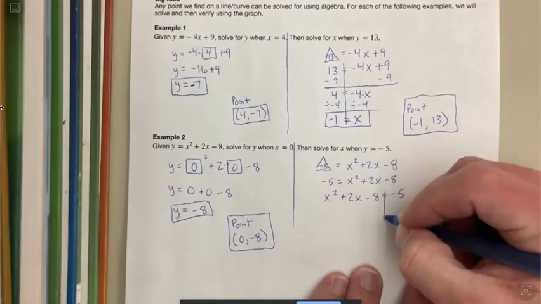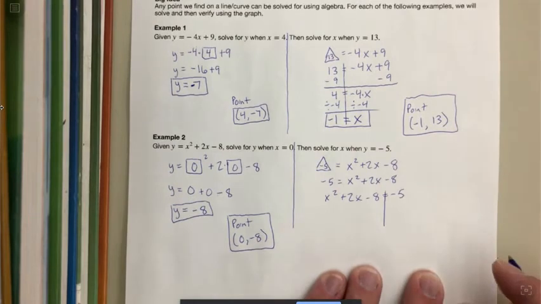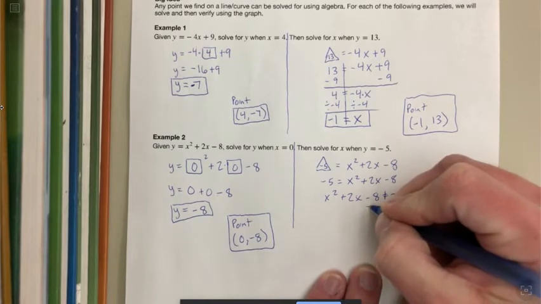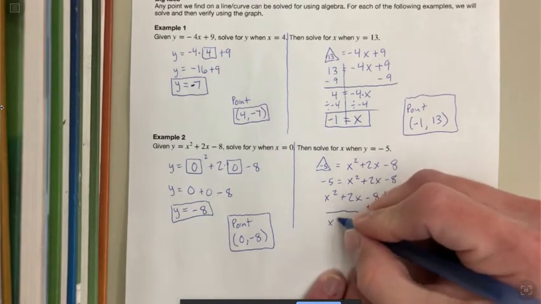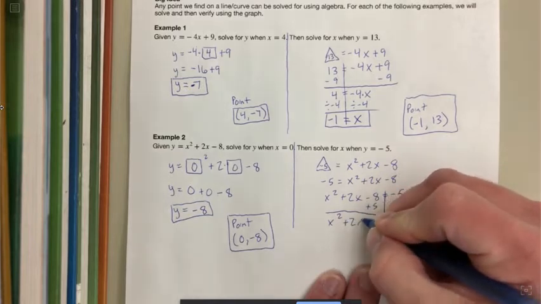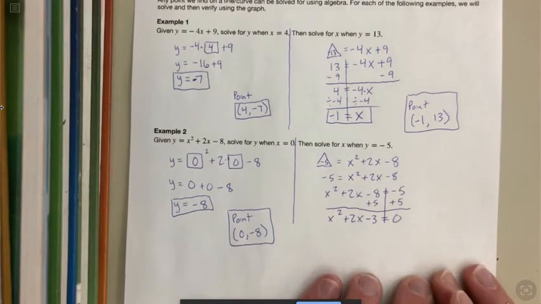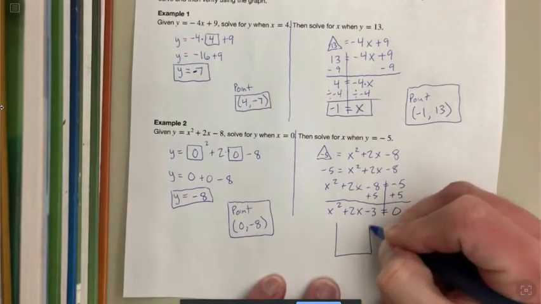All right, so real quick, in order to solve this, remember, I need one side to be equal to 0. That's what we talked about last class. So all I'm going to do is make sure to add 5 to both sides so that I now have x squared plus 2x, now minus 3, equals 0. All right, so now I can factor this.